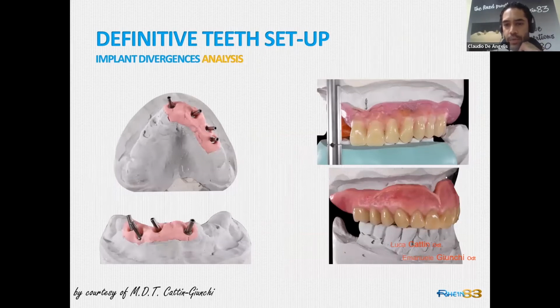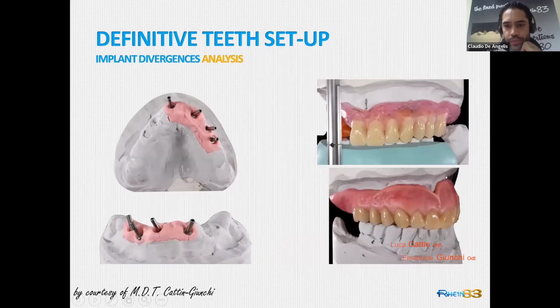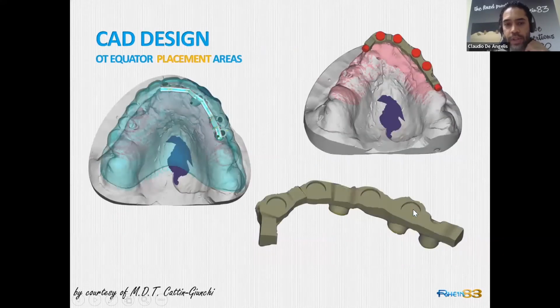Over this, they produce again a complete and a new teeth setup, because if you remember, this one was just a shortened teeth setup, okay, for the provisional. They completed all the teeth setup, a removable denture supported by a bar.